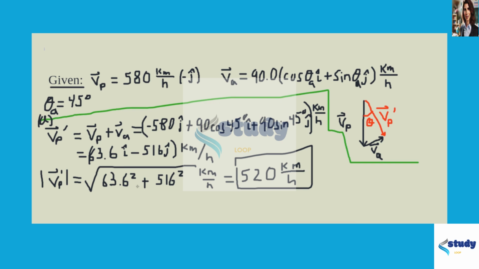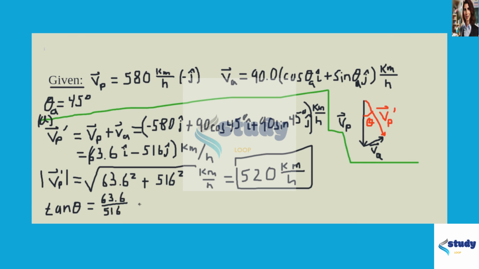We're also asked to find the angle. Well, the trig identity is the tangent of theta is equal to the opposite over the adjacent. So the opposite would be 63.6, and the adjacent would be 516, and those are both kilometers per hour, so the units will cancel, so we can ignore those units.